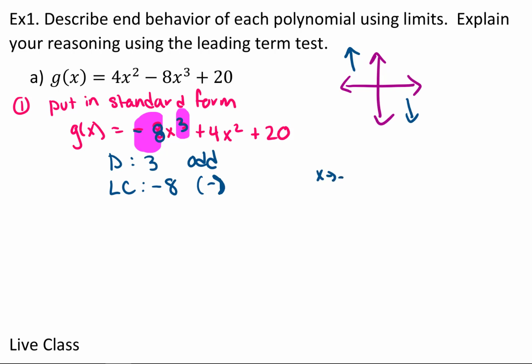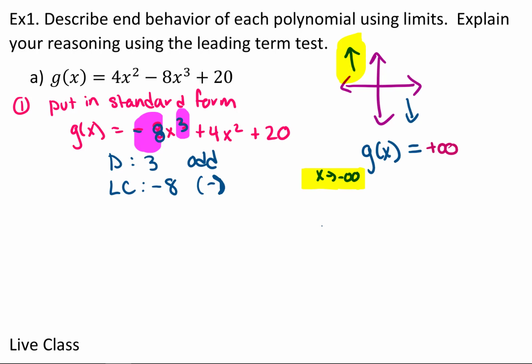As x approaches negative infinity, so that's what's happening on the left-hand side, of g of x is equal to, so on the left-hand side, the y values are getting bigger. So we go towards positive infinity.